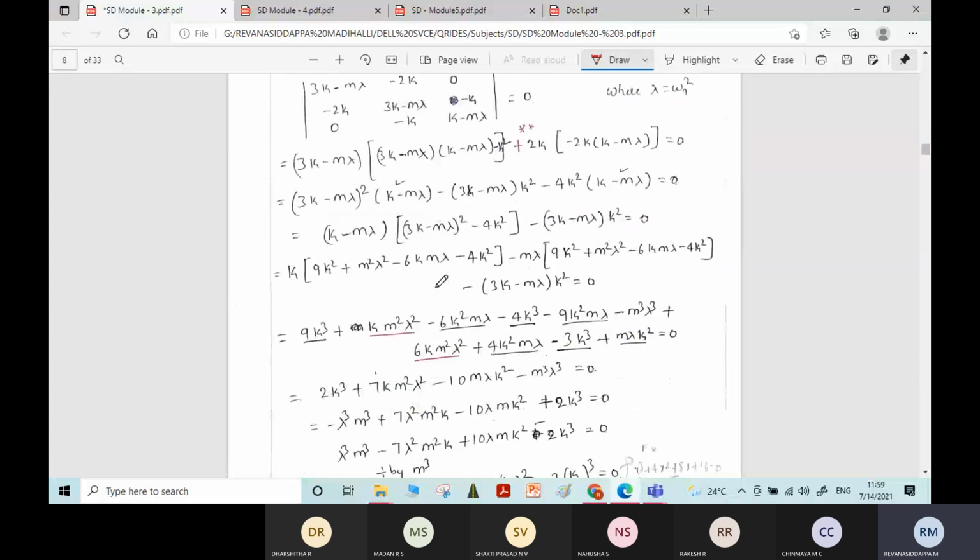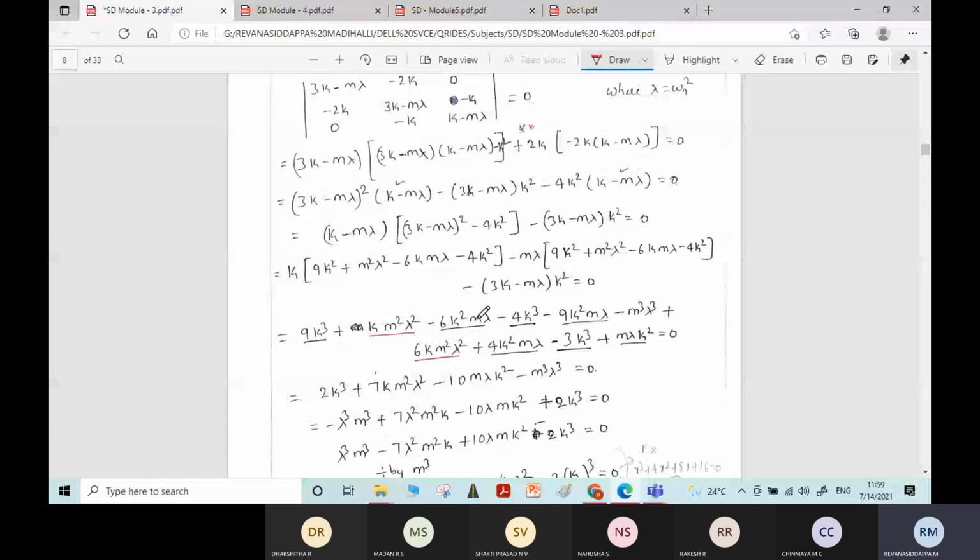Mistakes used to happen. If you have practice, if you solve 2 to 3 problems, then the mistakes can be avoided while writing the examination. That's why I'm telling you to solve once or twice, so that we can avoid the mistakes.